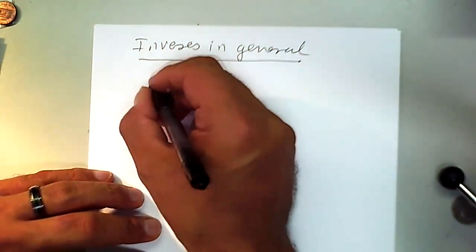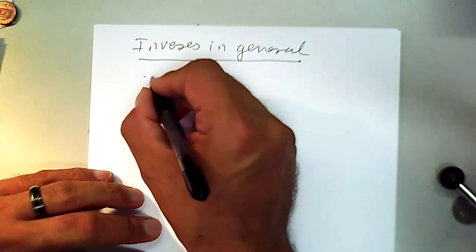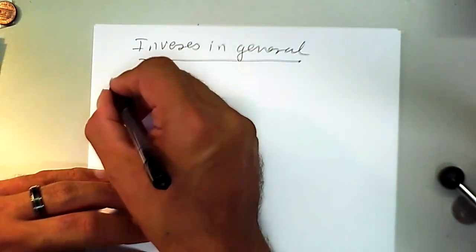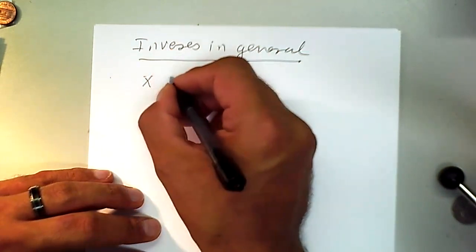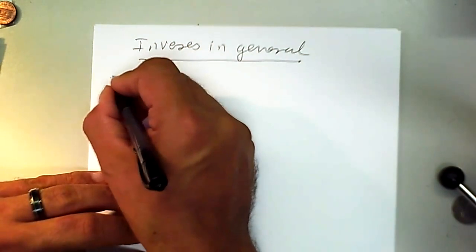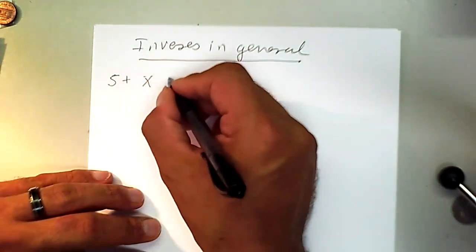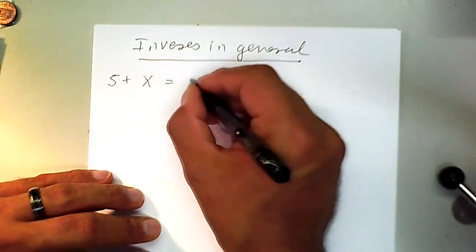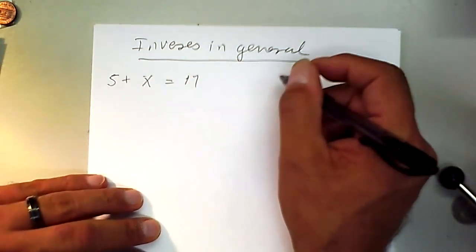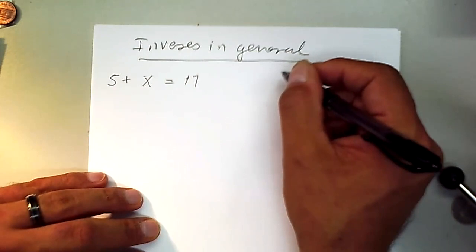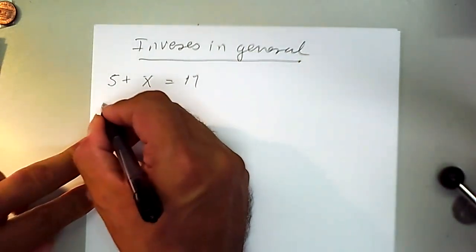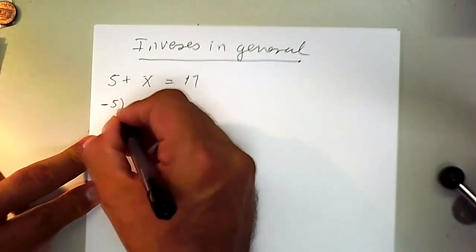So let's say you have an equation, 5 plus x equals, I don't know, 17. So this is just a random equation. You know how to solve this equation. We subtract 5 from both sides. But the other way to think of it is add negative 5 to both sides of the equation.